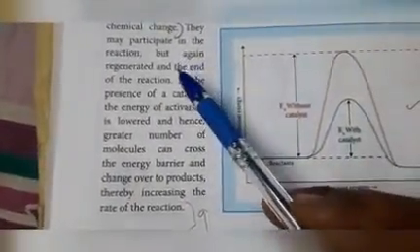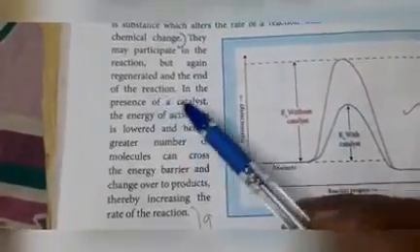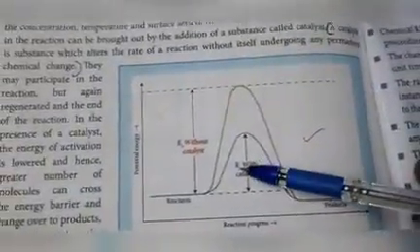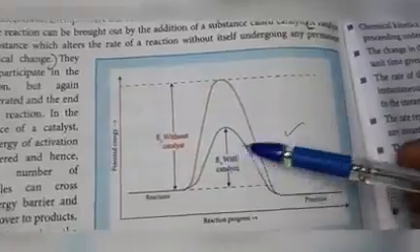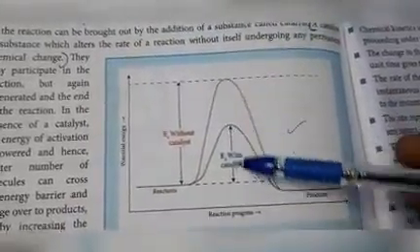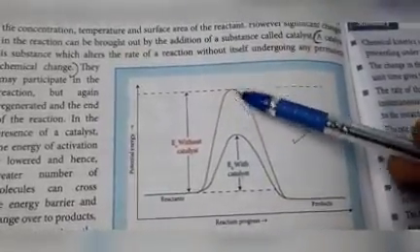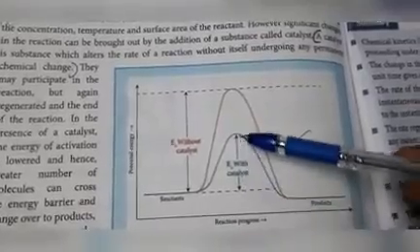That is what is given here. They may participate in the reaction but are regenerated at the end of the reaction. In presence of catalyst the energy of activation is lowered. This is EA, activation energy, that is energy of activation. Without catalyst the energy of activation is greater than with the catalyst.